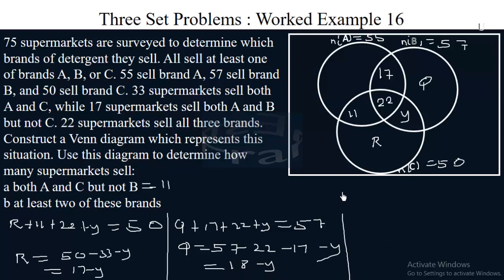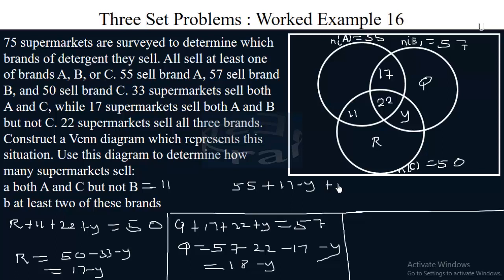So now when you add everything, we should get the universal set. This whole region will give us 55. So we have 55 plus this region, which is 17 minus Y, then plus Y, then plus Q, Q is 18 minus Y, and this will give us 75.